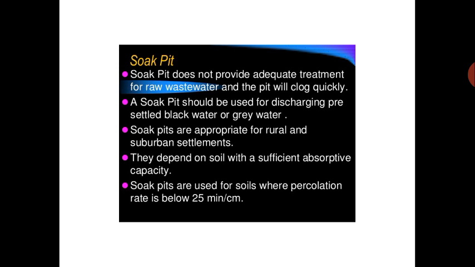Soak pits are appropriate for rural and suburban settlements. This depends on soil with sufficient absorption capacity. Soak pits are used for soil where the percolation rate is below 25 minutes per centimeter.